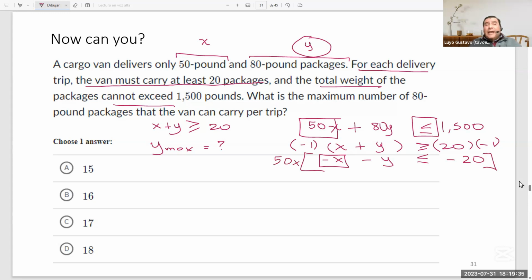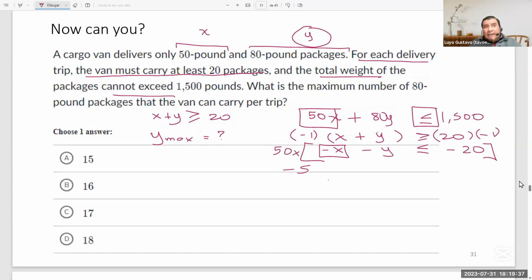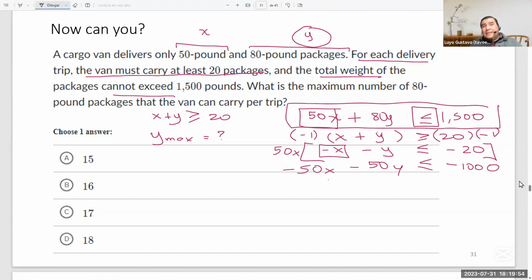So doing that, I get -50X - 50Y is less than or equal to -1000. And now I'm ready to do the magic, right? I will add these two, provided that property number 3 of inequalities is being complied with. We have two inequalities with the same inequality symbol, and we can add them.